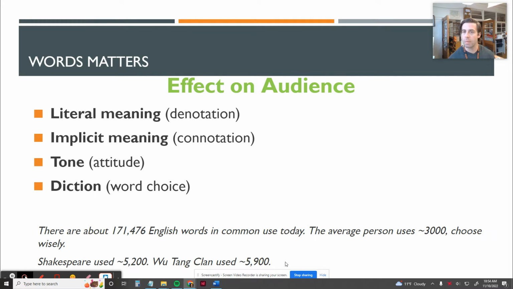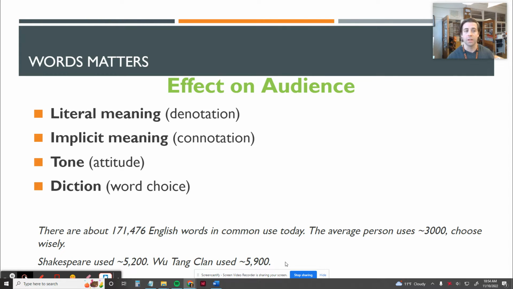So some things to know about the words that we're using is all words have two ways we can look at them. There's the literal meaning, the denotation or the definition of a word, and there's also the implied meaning, the connotation of a word. Right. So if I use the color red, like red is a primary color, on the spectrum it has complementary colors.